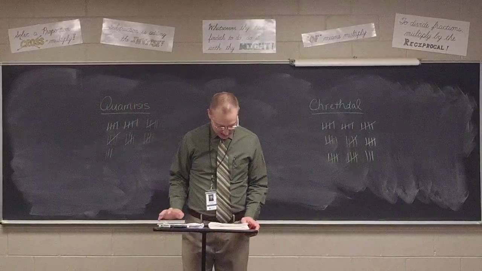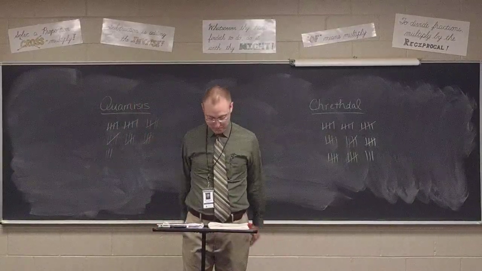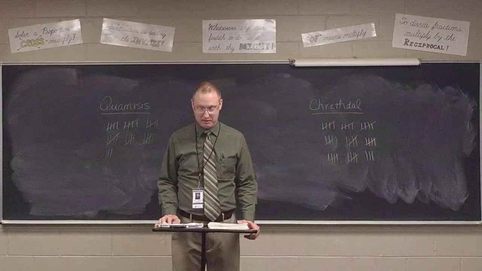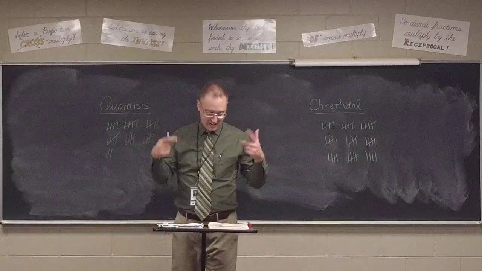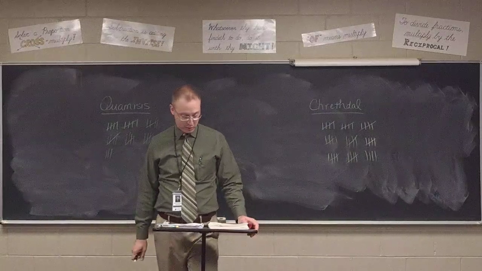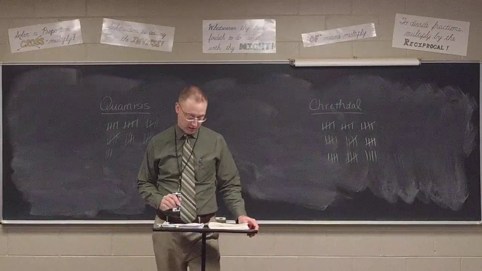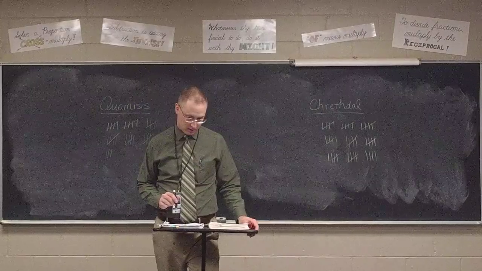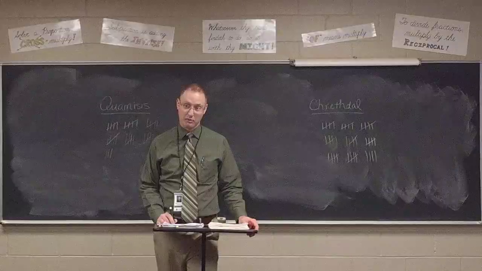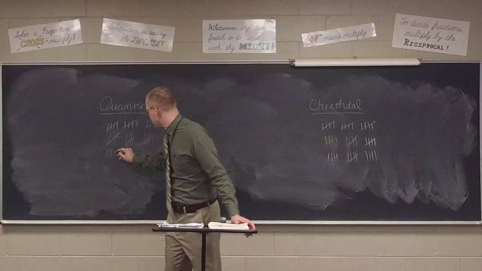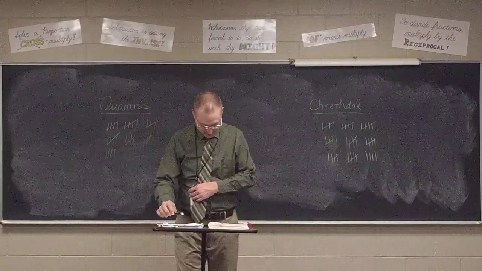Front row, non-parallel sides of a trapezoid. Legs. Next, if the legs of a trapezoid are equal, the trapezoid is called an isosceles trapezoid.